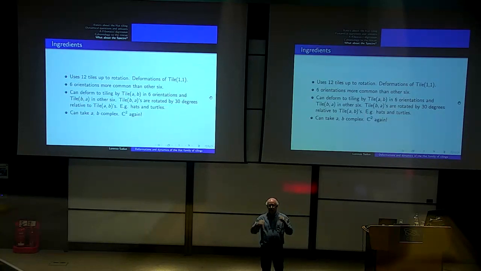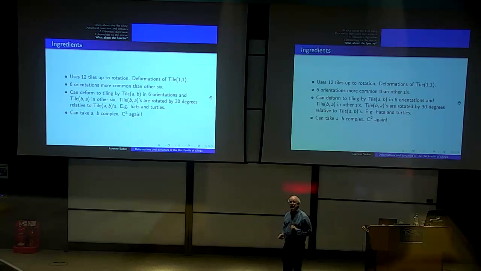And the other one has A's vertical and B's horizontal up to multiples of 60 degrees. And one of them is rotated by 30 degrees relative to the other. If you want them to match, you don't need to have A equals B. What you need to have is AB for one set and BA for the other set. And this time, of course, if A is not B, then you have 2 different tiles. It isn't a mono tile.